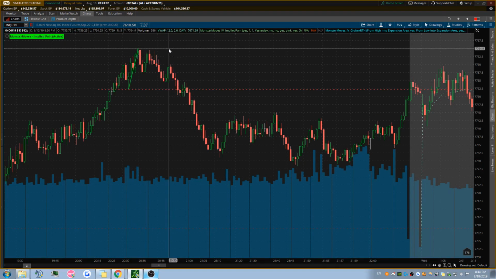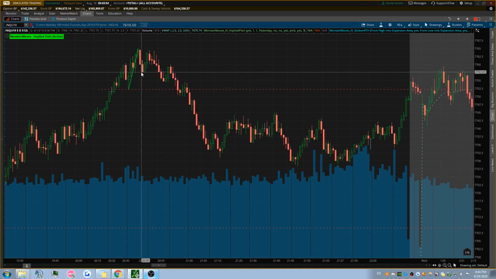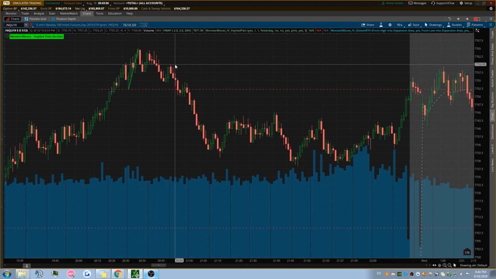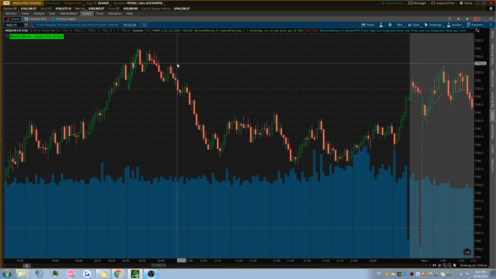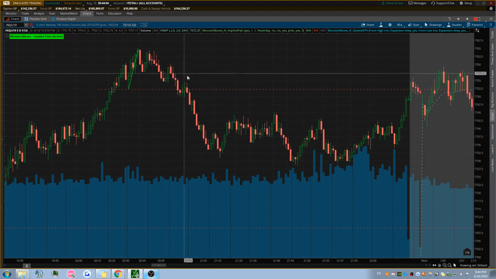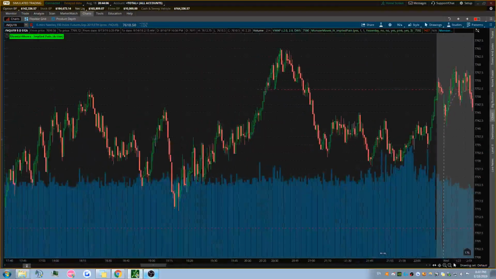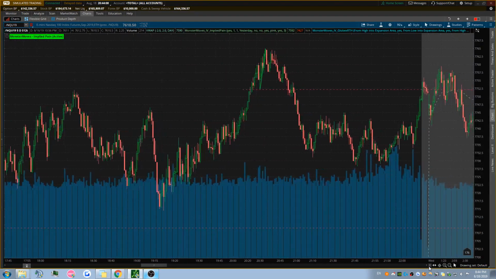And what I was looking at is, since this went below here, I thought this test was already a test. But now, looking back at it, I wouldn't have gotten a short anyway, because my short should have been up here. Doesn't matter. Skip that.